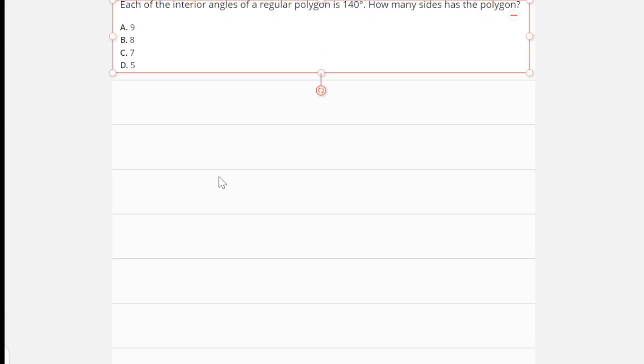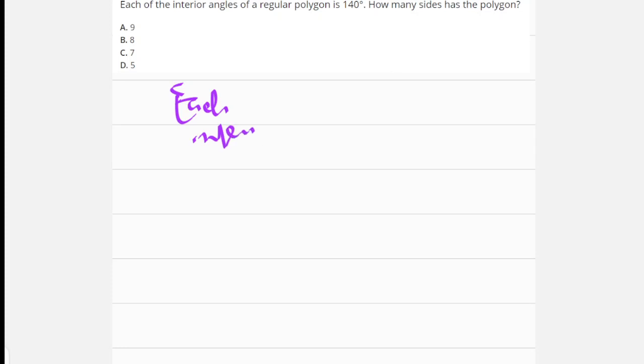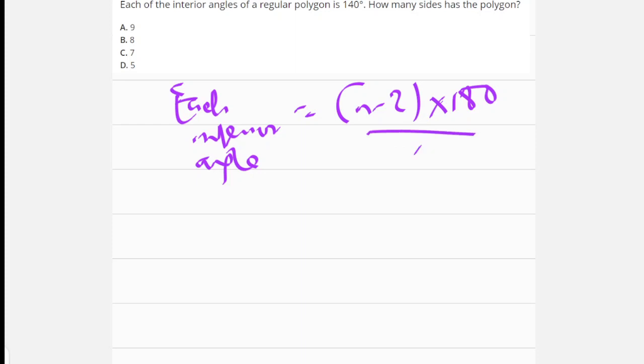Don't forget the formula for each interior angle is n minus 2 times 180 divided by n. And we're given each interior angle to be 140. Just substitute 140 degrees and find the value of n.